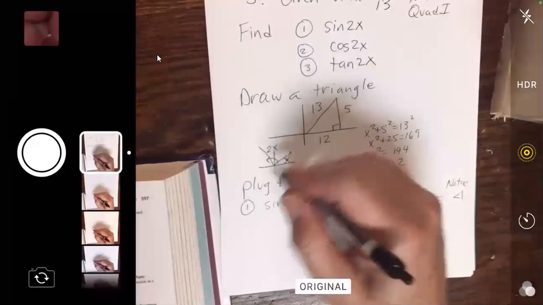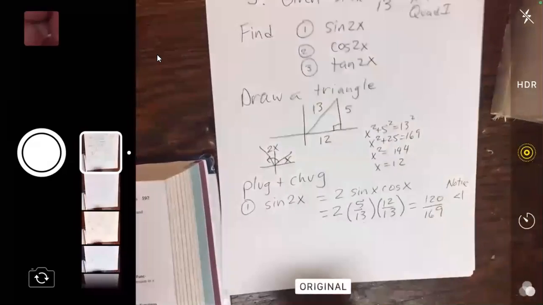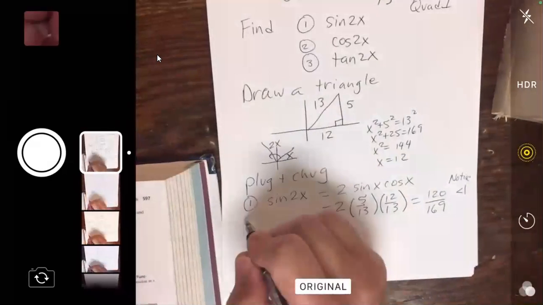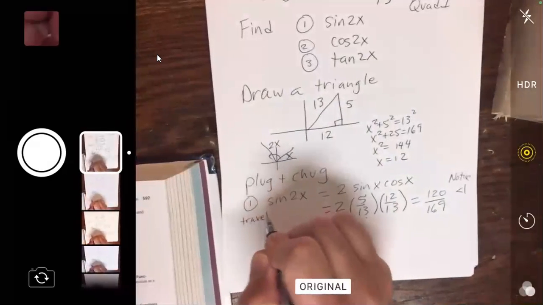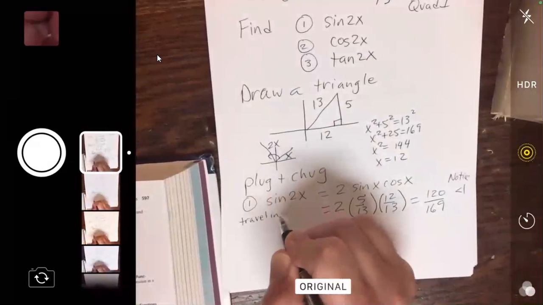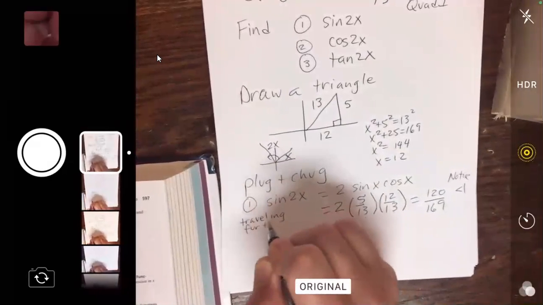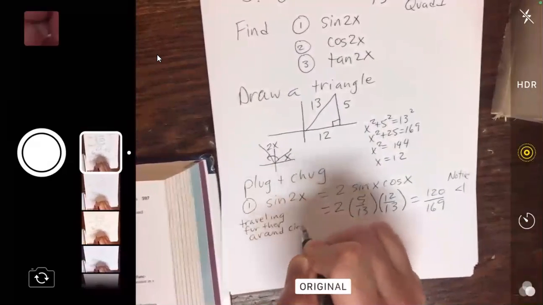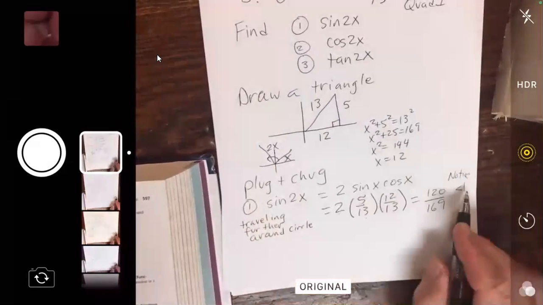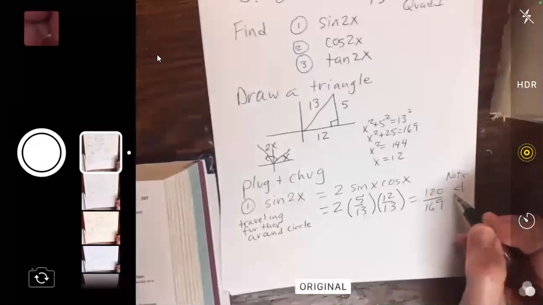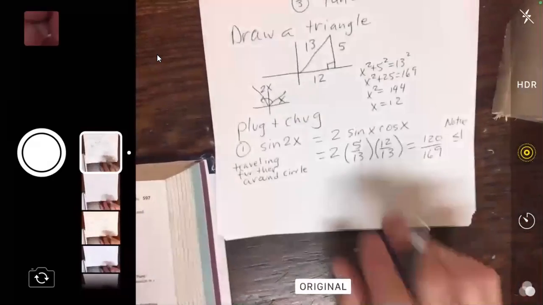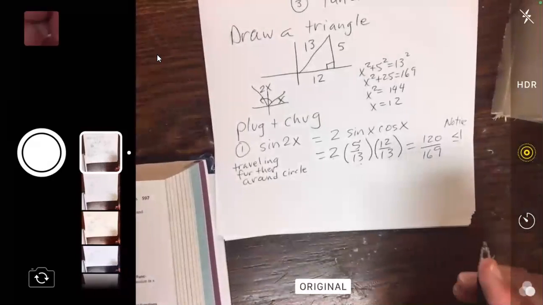It just means you're doubling your angle, which means you're traveling further around the circle. But the same rules about sine and cosine being less than 1 apply. Actually, if you want to be really anal about it, technically sine could be 1, so less than or equal to 1.